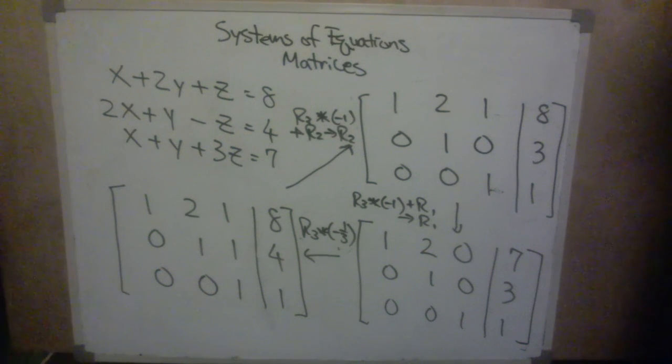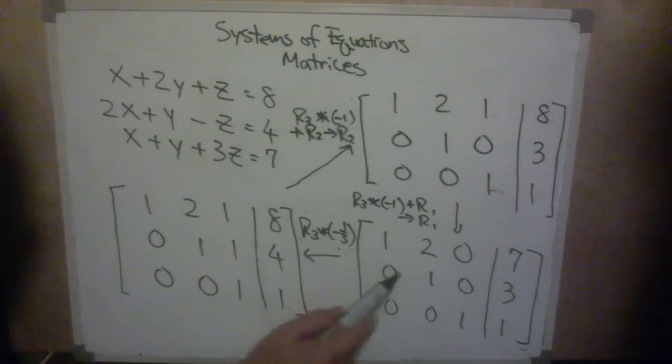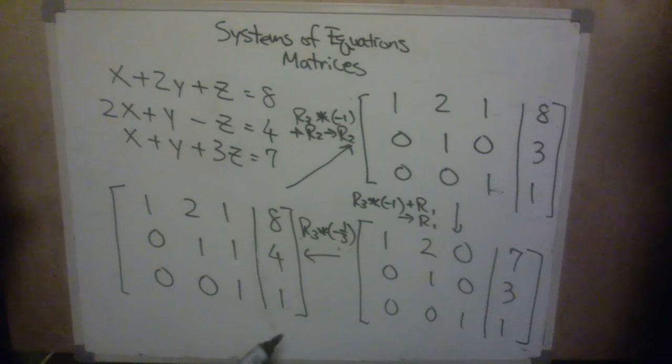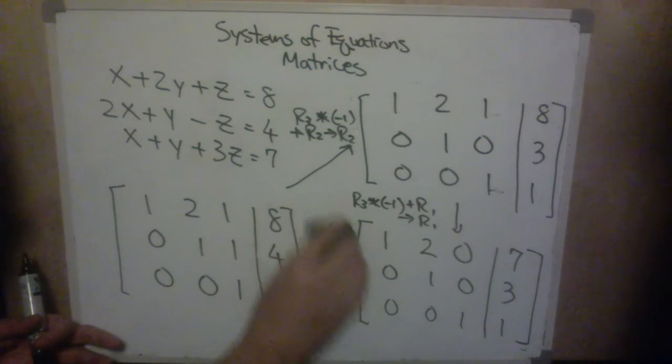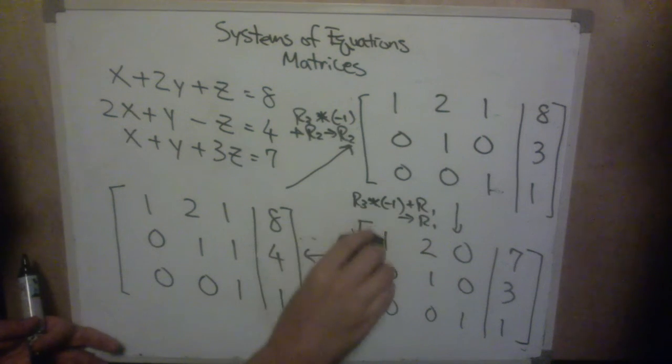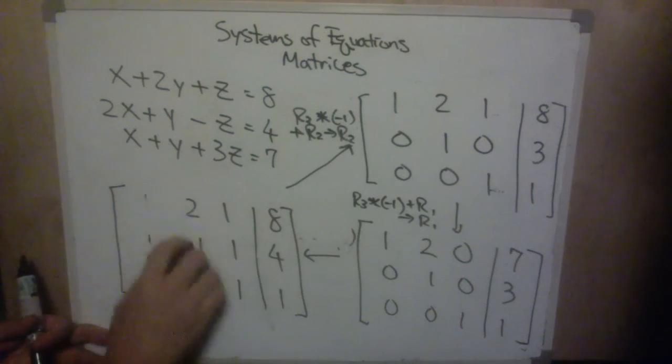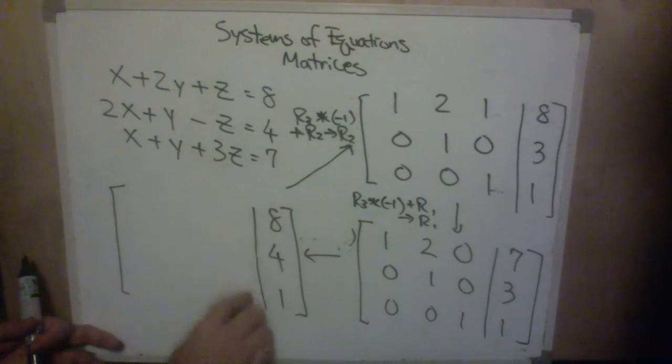So we're almost done. We only have that 2 left to make 0. So let's do that. I'm going to erase all these numbers, erase this matrix.